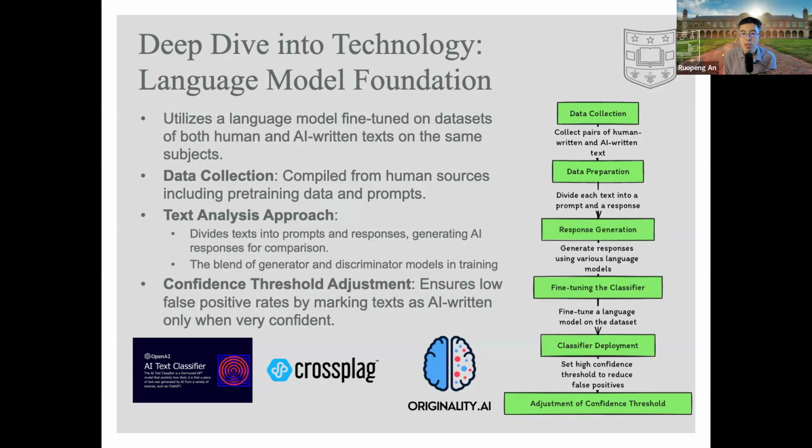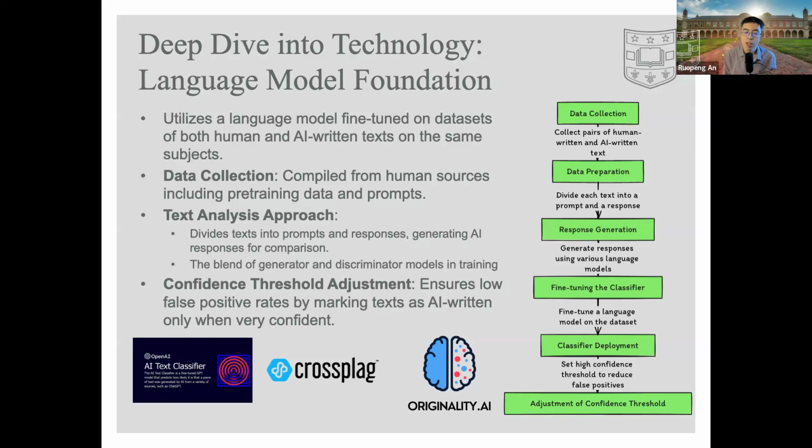Basically, supervised means that we have a hand-annotated data set with both AI-generated and human-generated text with labels. Labeled as either human-written or AI-written. And then we use those pairs of data to train or fine-tune a large language model.